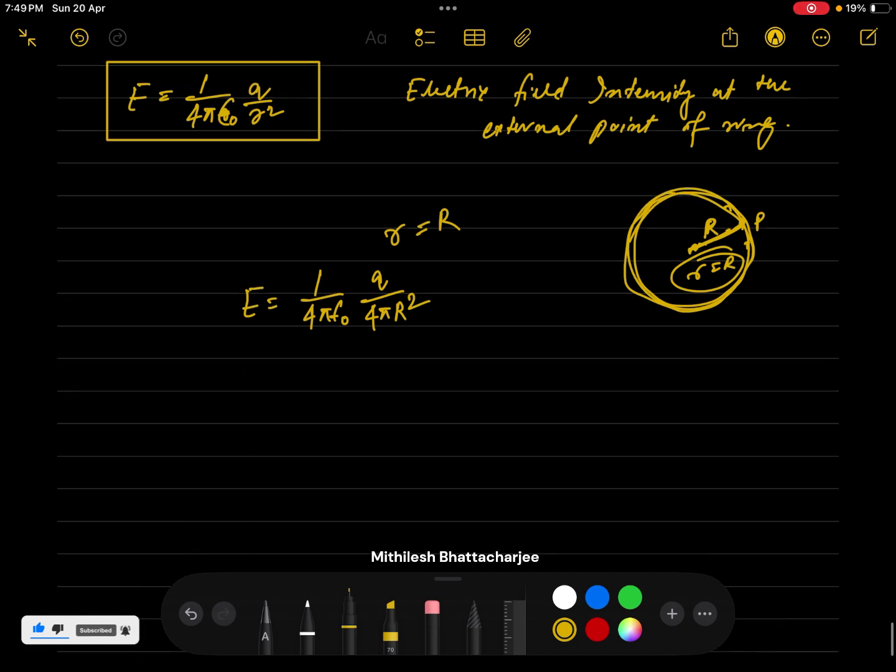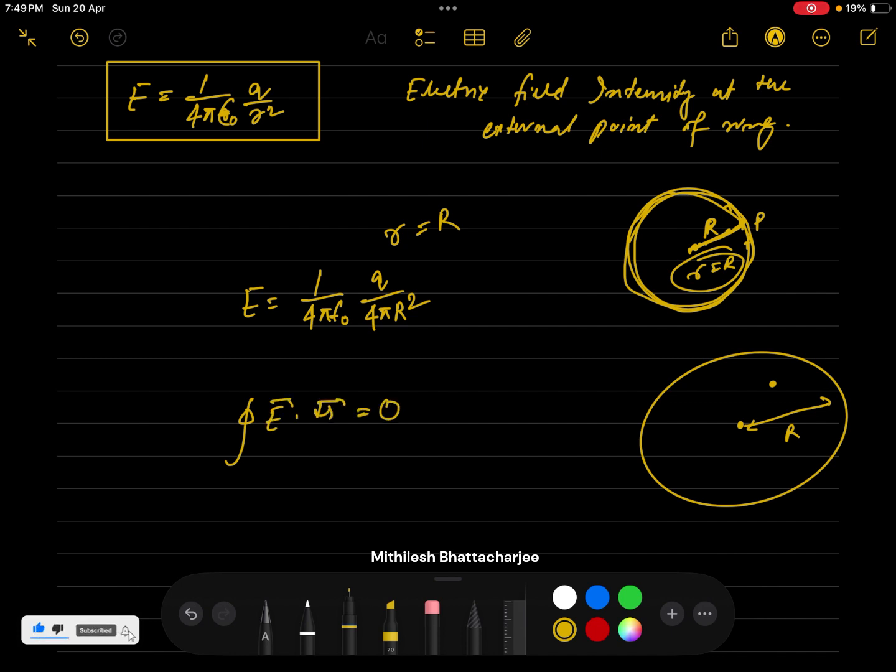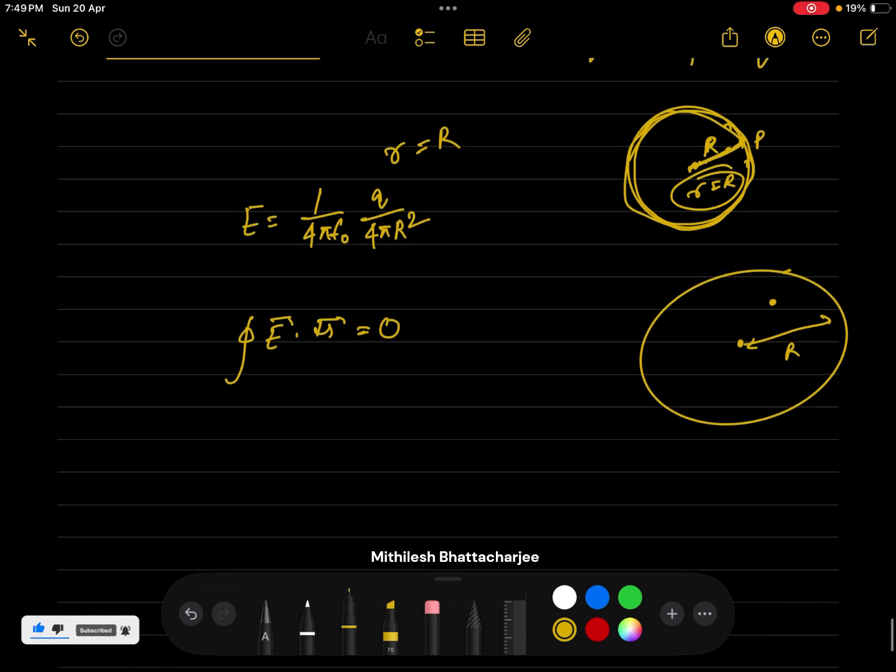Okay, fine. Now, if someone asks for a point inside the shell, then remember that the surface integration of E dot ds is equal to 0. In case of the spherical shell, there will be no electric field inside, because there is no charge inside.